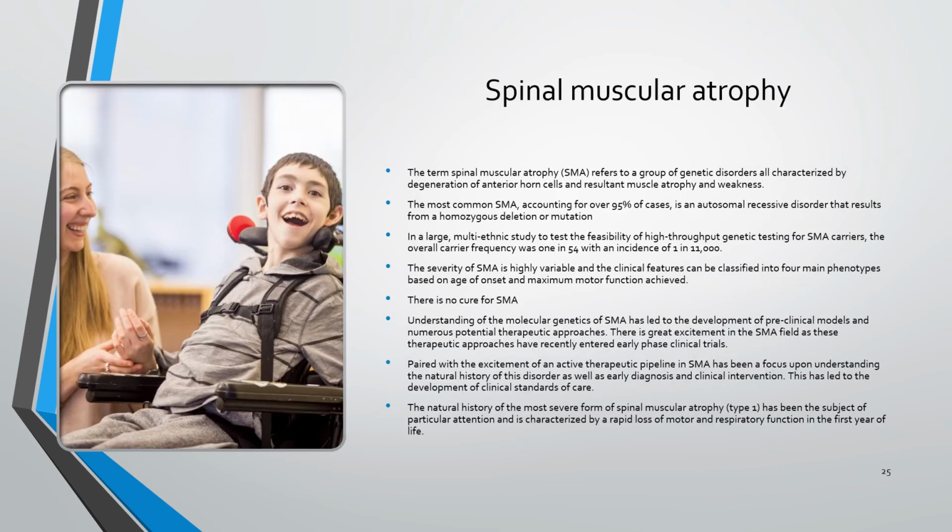Spinal muscular atrophy. Spinal muscular atrophy is a genetic disorder characterized by degeneration of the anterior horn cells, resulting in muscular atrophy and weakness. There are various types of SMA. They have type 0, type 1, type 2.